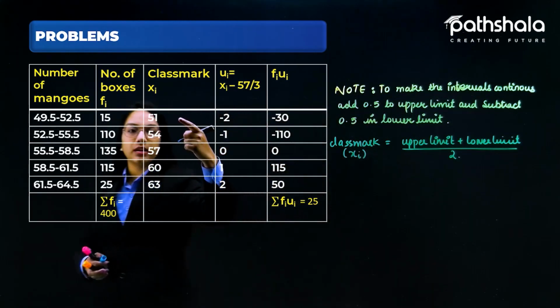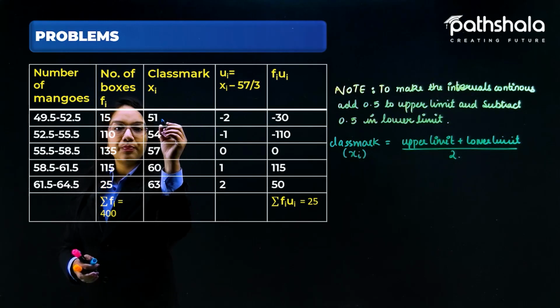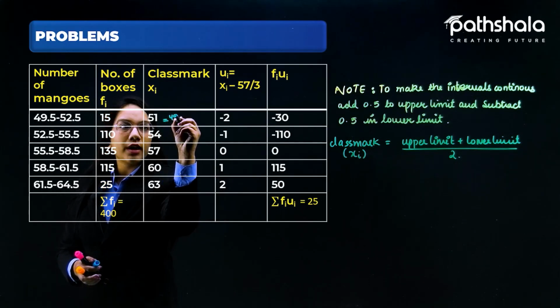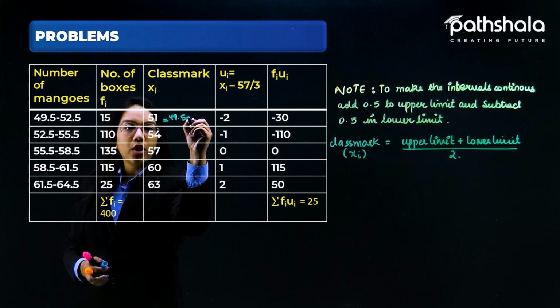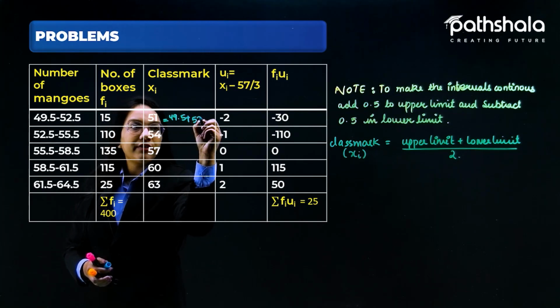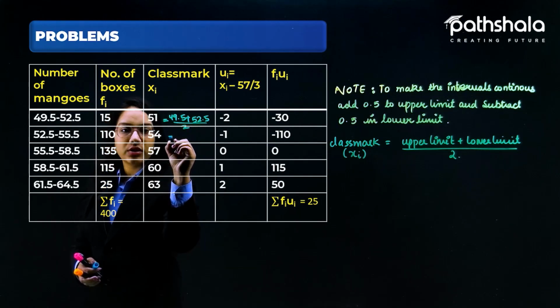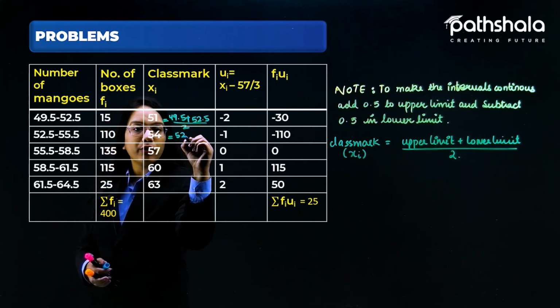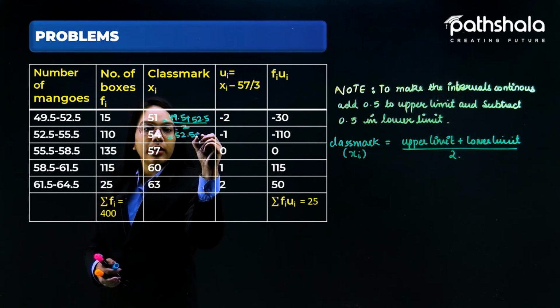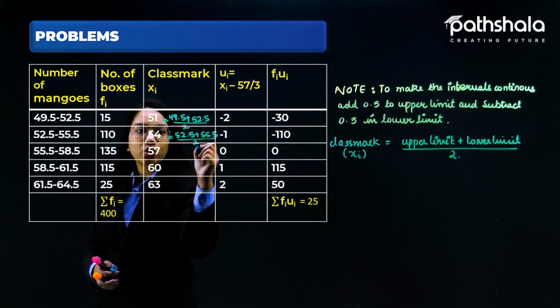So the first xi is 49.5 plus 52.5 divided by 2, and the next is obtained by taking the average of 52.5, the lower limit, plus 55.5, the upper limit, divided by 2, and so on.